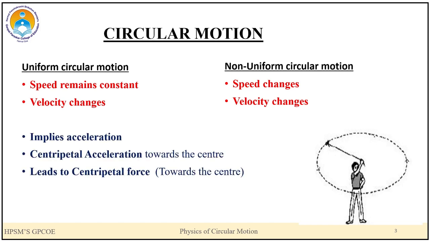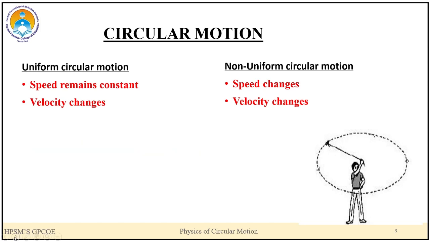If there is a change in velocity, that implies there will be an acceleration, and that acceleration leads to the force. In case of uniform circular motion, speed remains constant. In non-uniform circular motion, speed changes. But what about velocity?